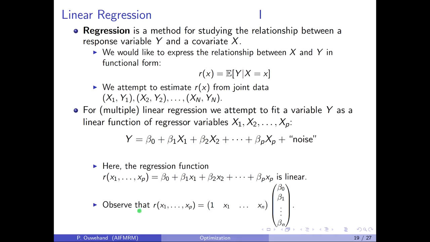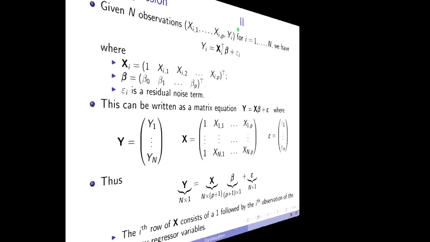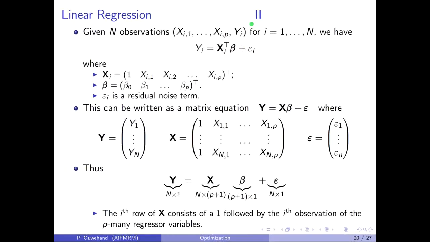Observe that the regression function can be written also as a kind of matrix product of the x values and the beta values. We have such a matrix equation for each of our sets of observations. In other words, given n observations of the p many x values and the value of y for i equal to 1 up to n, we can write yi as a row matrix of x values times a column matrix of beta values plus some noise, epsilon i.